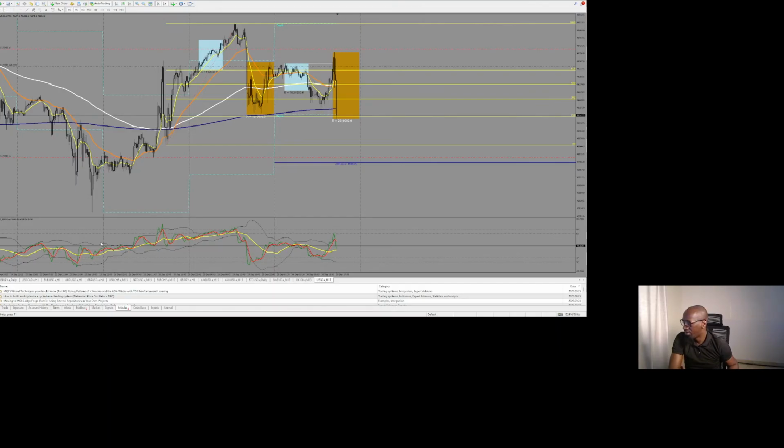Seems it's going to be a good trading day. And the beauty about this move, this move has been powered just by simply understanding the concept of liquidity.